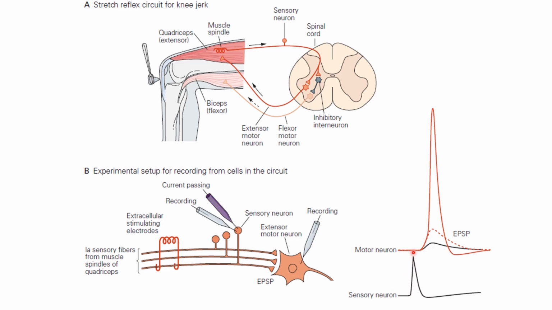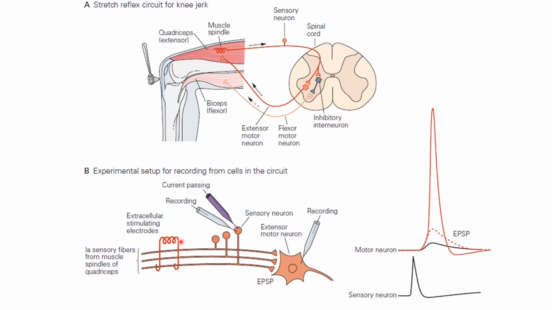And what we observe is that the activation of the single sensory neuron generates a small EPSP, an excitatory postsynaptic potential in the motor neuron. Because it's an excitatory synapse, we see some excitatory postsynaptic potential here. But we do not see generation of action potentials, and that's because the amplitude of this postsynaptic potential is small and it is not able to cross the threshold for generating an action potential.